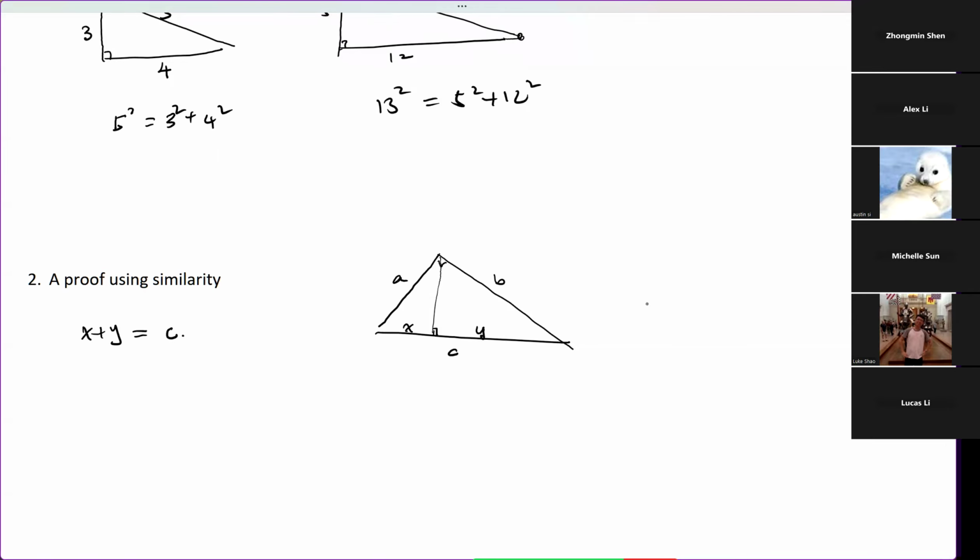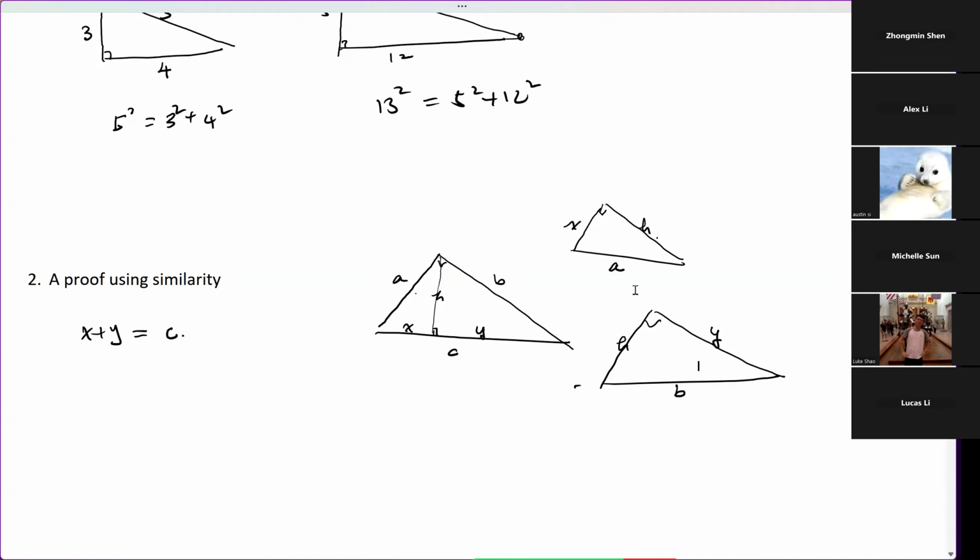So this triangle, for example, I put it here, and this will be X, this will be A, and this will be H. And the other one, this will be H, and this will be Y. I flip it over and put it aside.